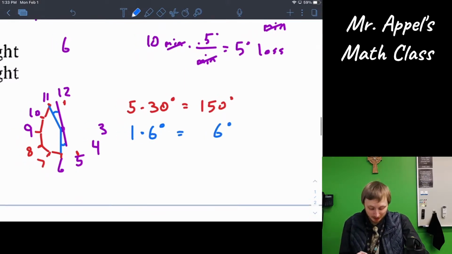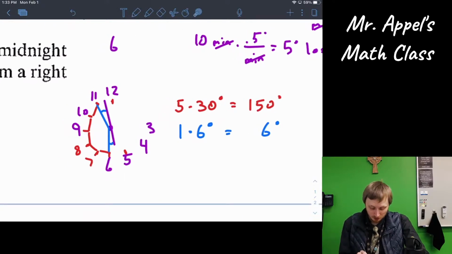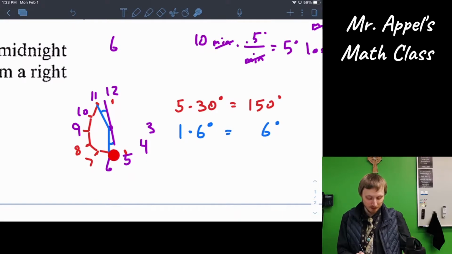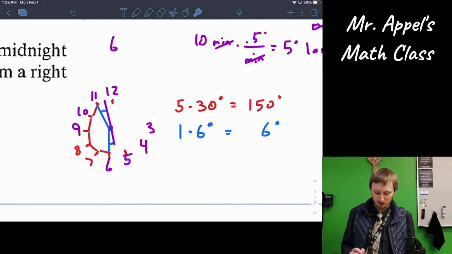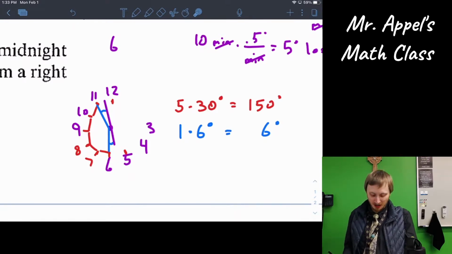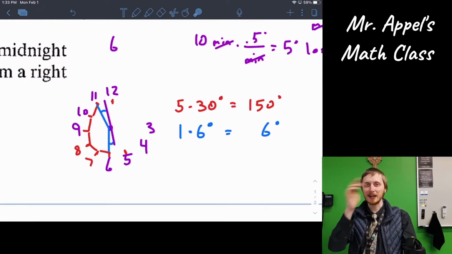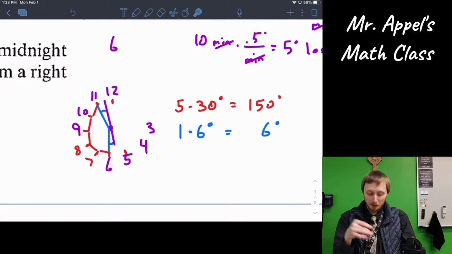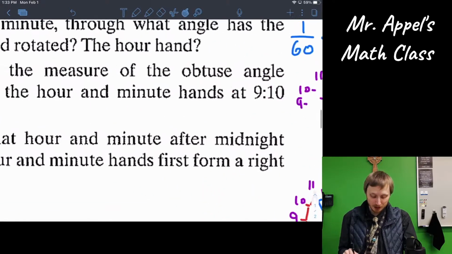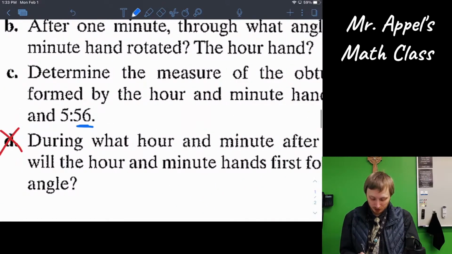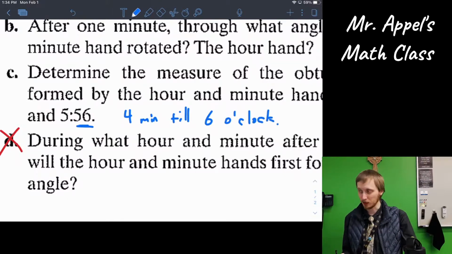How about for the hour hand? It is how far away from the 6? I've got to count backwards now. How many minutes away from 6 o'clock am I? Right, this is 4 minutes till 6 o'clock, right?